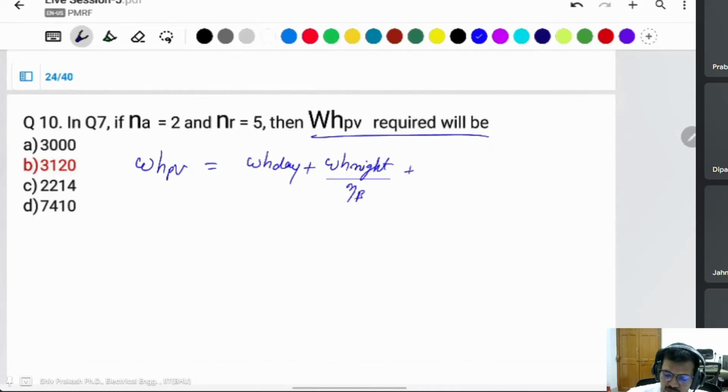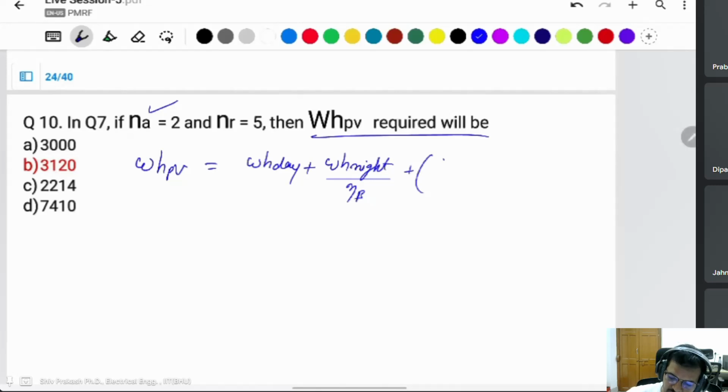Suppose Na is there, it means autonomous days, like 2 days. Then it will be totally off, solar is not there, so all of the energy should be stored in the battery, in daytime and night time both.